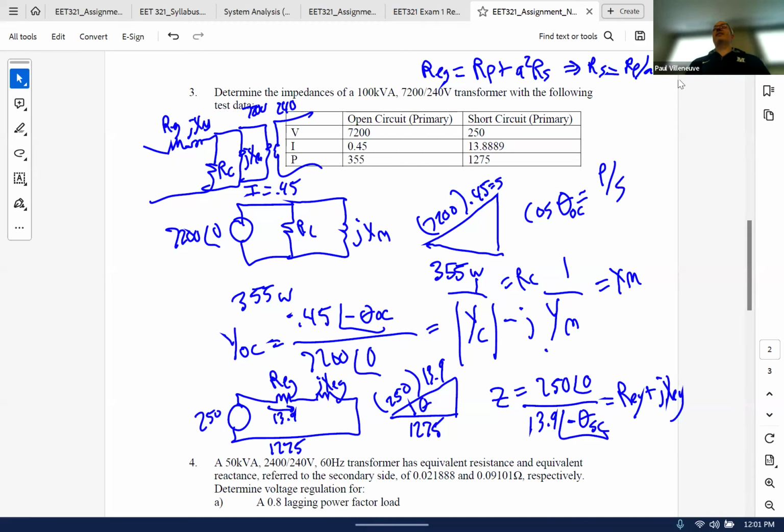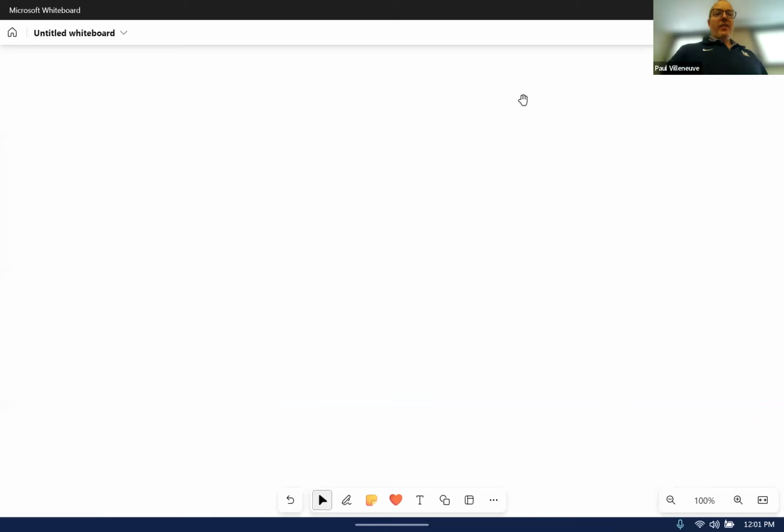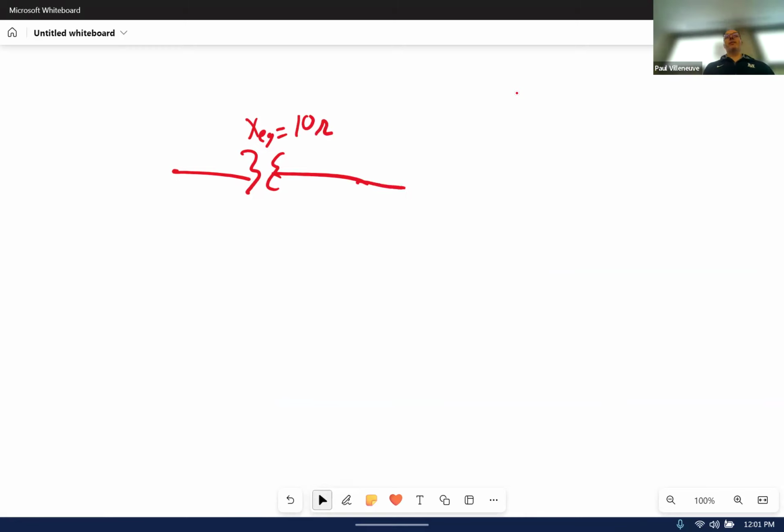Thank you. Yes, sir. Can I do some problem on calculating a voltage drop? No, not at all. So if I've got a transformer that has, let's say, an X equivalent equal to 10 ohms. We could do it a bunch of different ways, but let's just talk about it from voltage regulation.